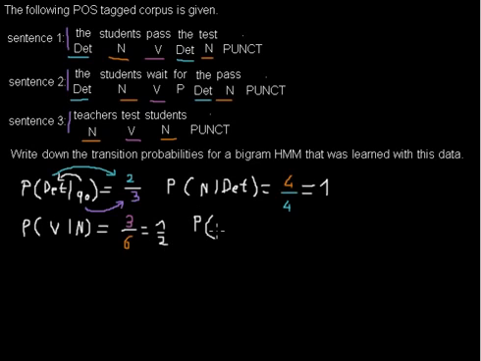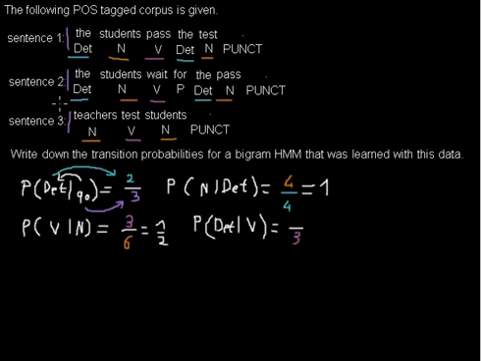Next probability, here we have a verb which is followed by a determiner. Let's see how many verbs there are at all. 1, 2, 3.